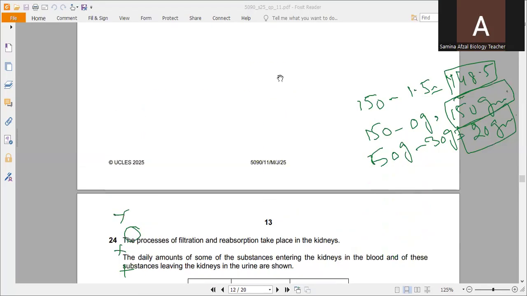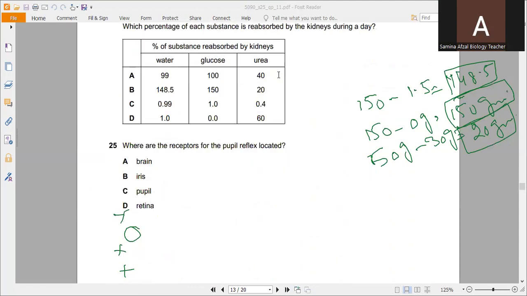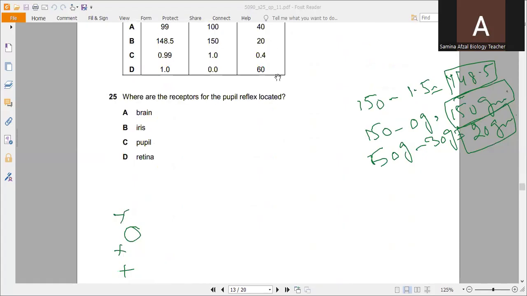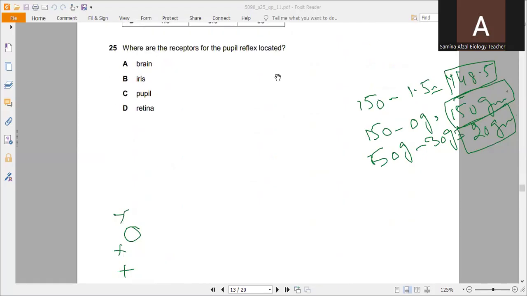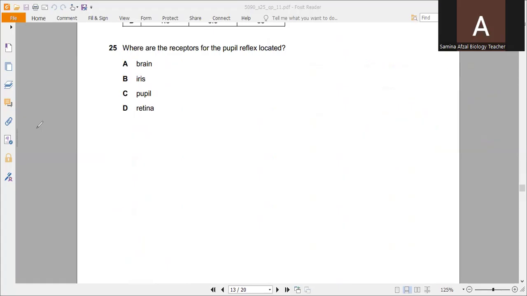We will move towards the next question, which is question number 25. What are the receptors for the pupil reflex located? The brain is not where the pupil reflex receptors are located.